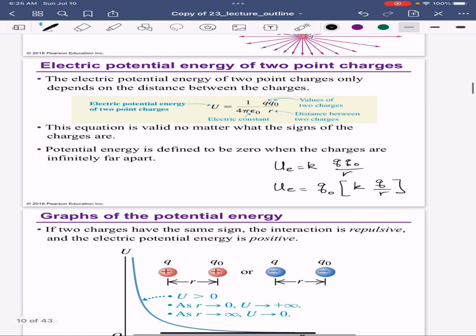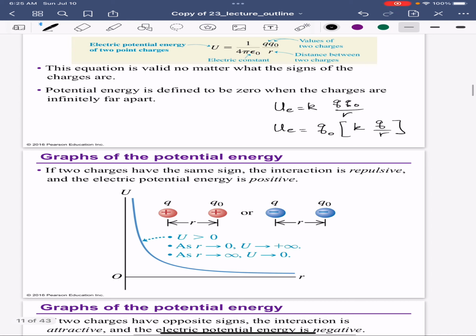Now here we have two charges that have the same sign. The interaction is repulsion, and the electric potential energy is positive. This is the relation that we derived.